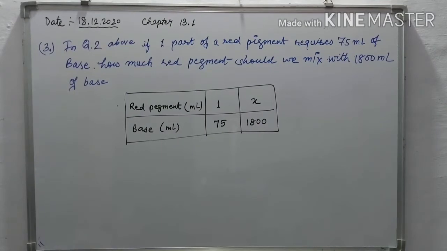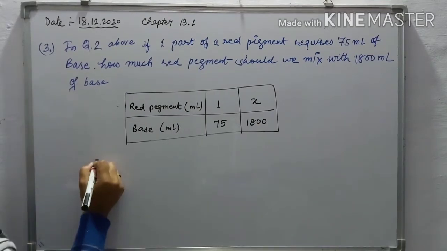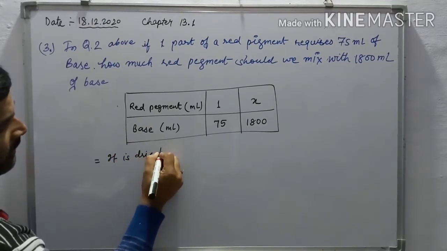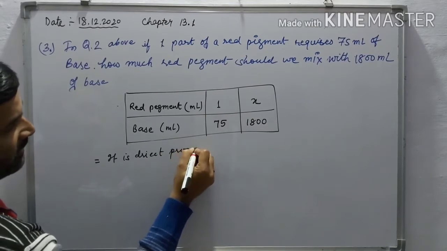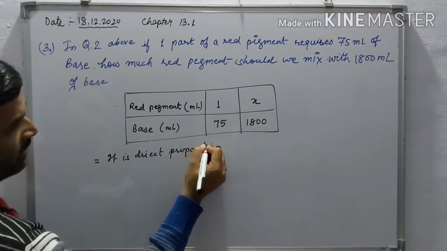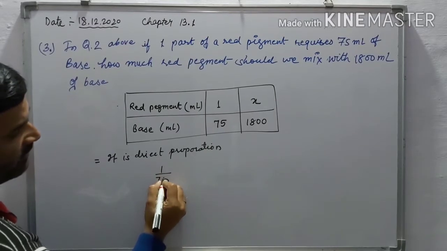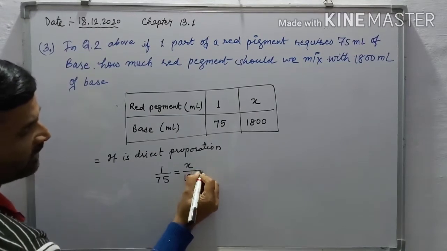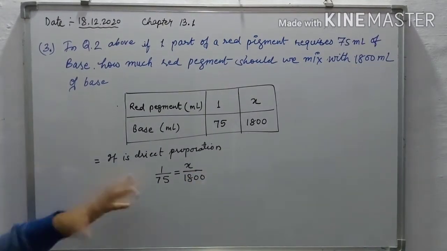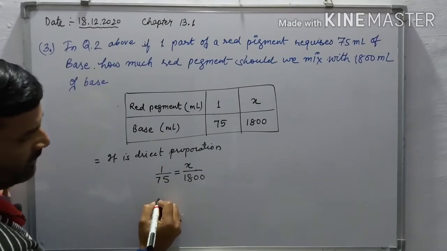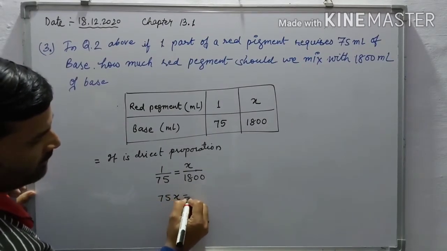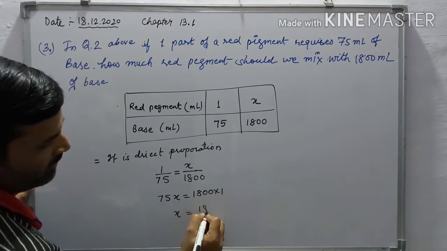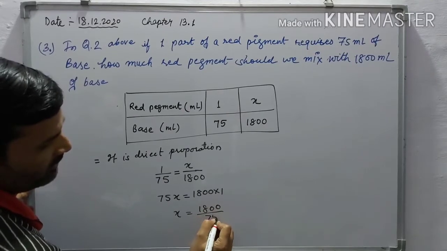After that, we write that it is a direct proportion. We write 1 upon 75 is equal to x upon 1800. Now solve by cross multiplication: 75x is equal to 1800 into 1, so x is equal to 1800 upon 75.